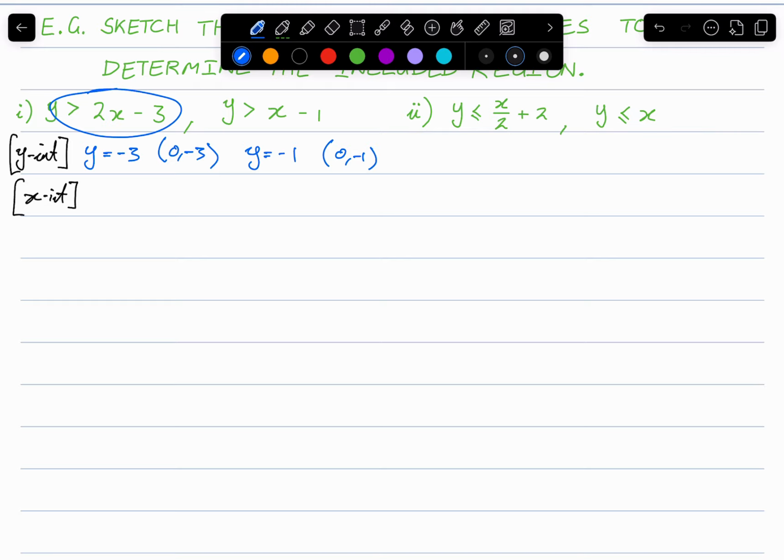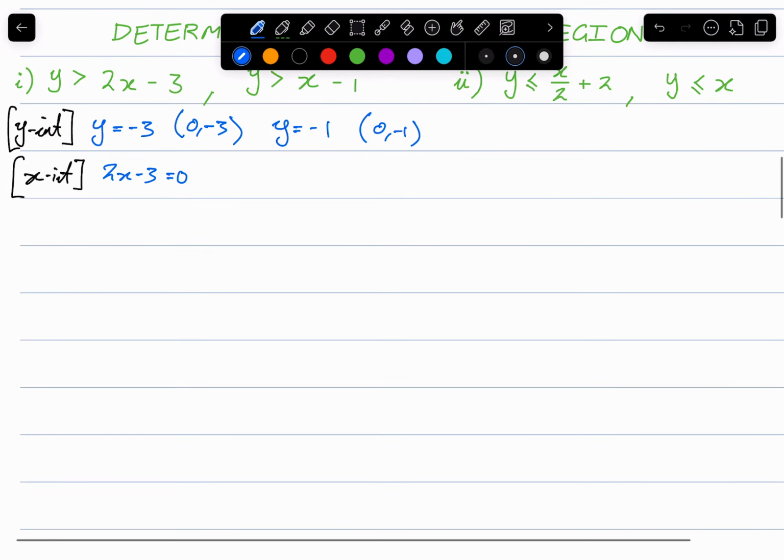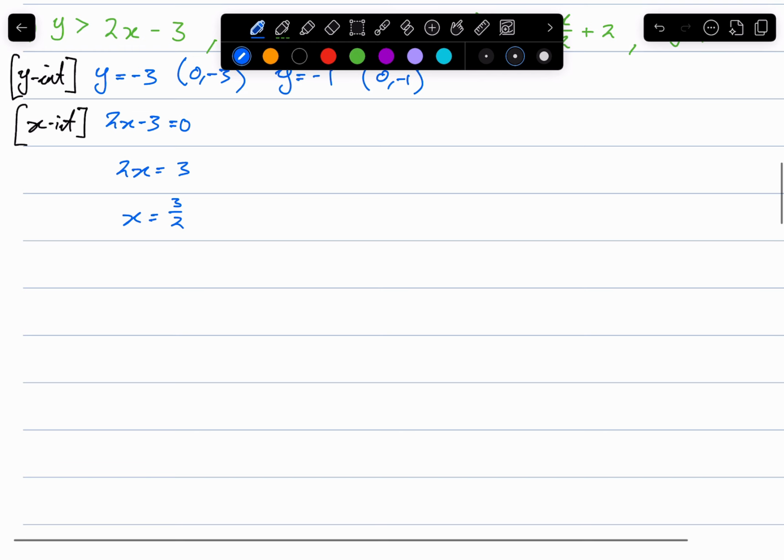Meaning for this one on the left, I'm going to let 2x minus 3 equal 0. Solving this, we get 2x equals 3, x equals 3 on 2. And so as a coordinate, that's going to be 3 on 2, 0.